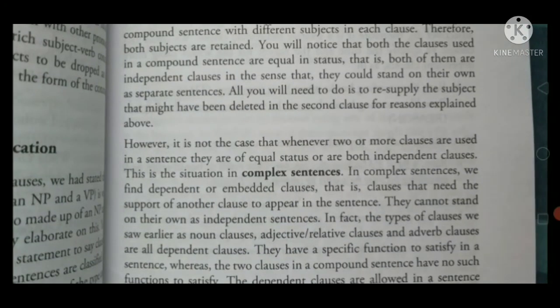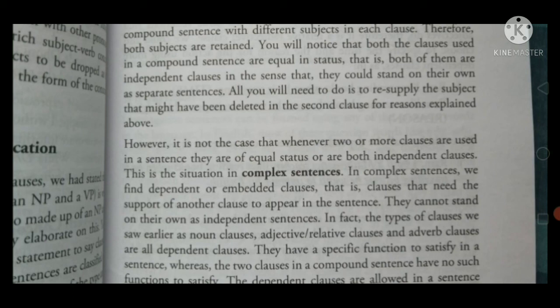All you will need to do is to resupply the subject that might have been deleted in the second clause for the reason explained above.